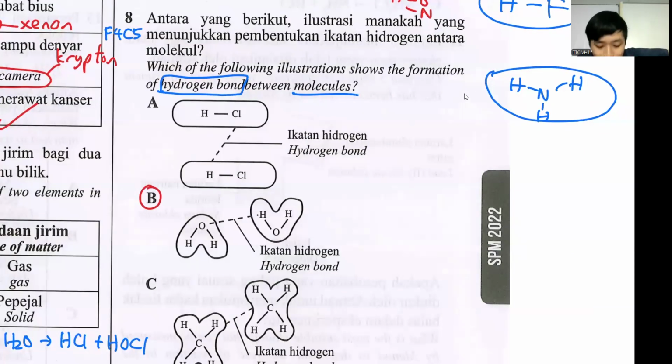Correct. You see the water molecule: the O from the first molecule forms a hydrogen bond with the H from the second molecule. You might ask about the second one, A. Chlorine cannot form hydrogen bond. HCl, no. HF can. If it were HF, it would be correct.